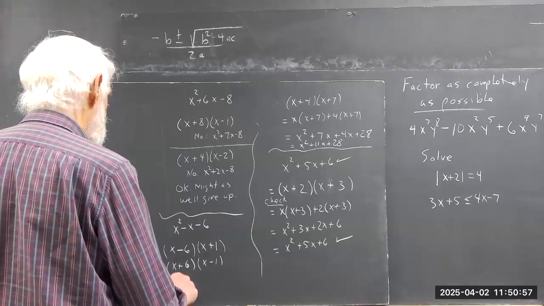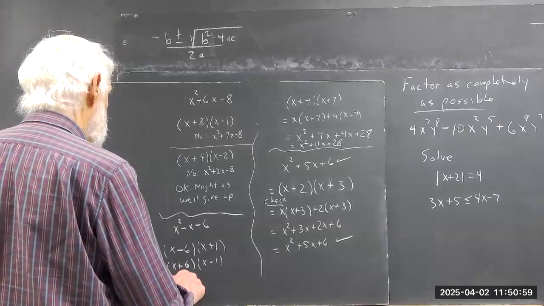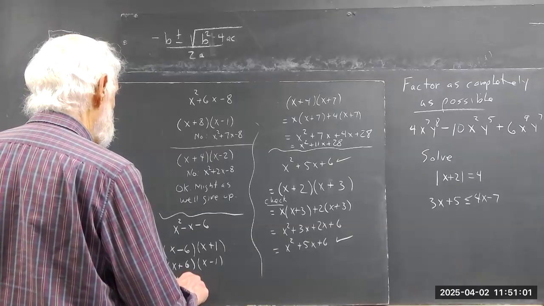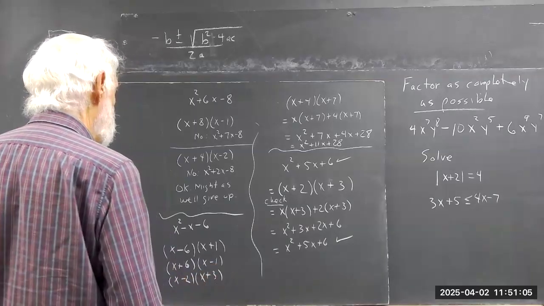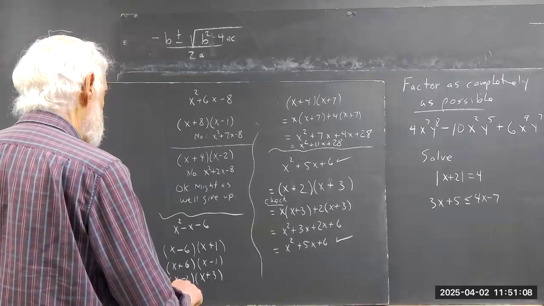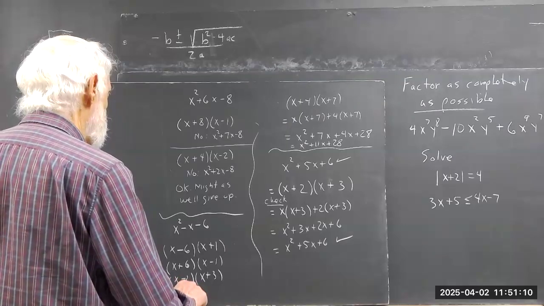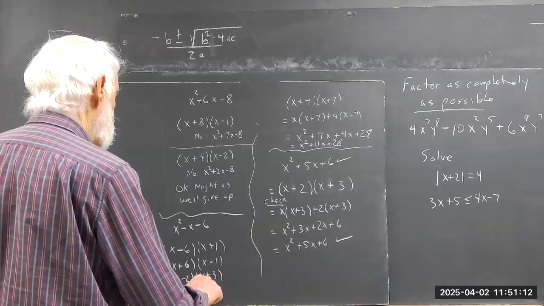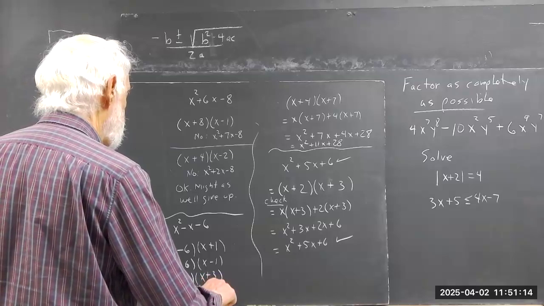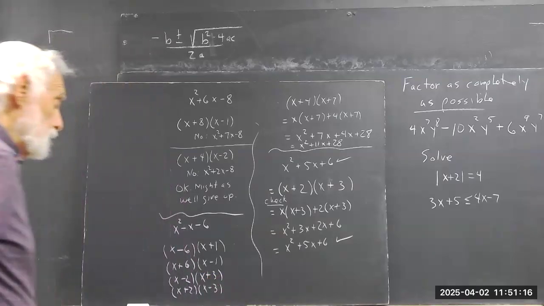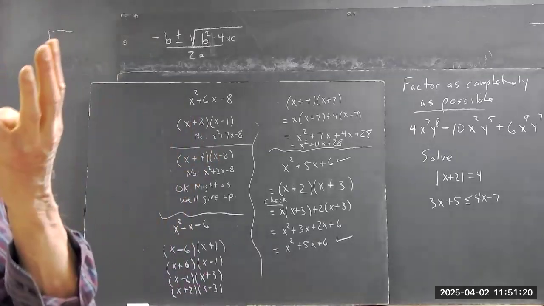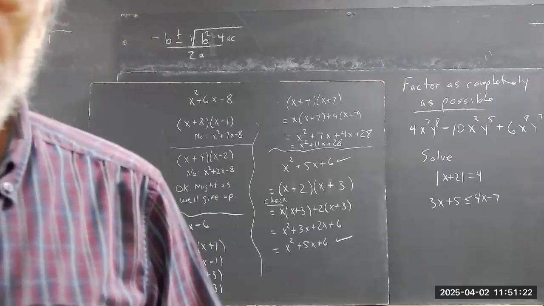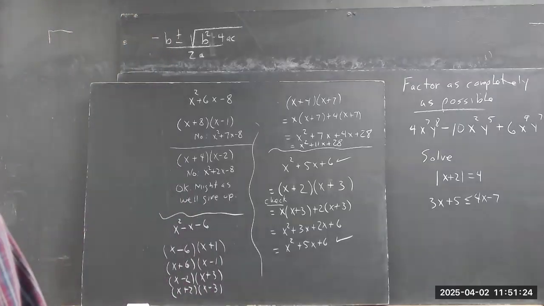And then we have x minus 2 times x plus 3, or x plus 2 times x minus 3. Those are four possibilities.